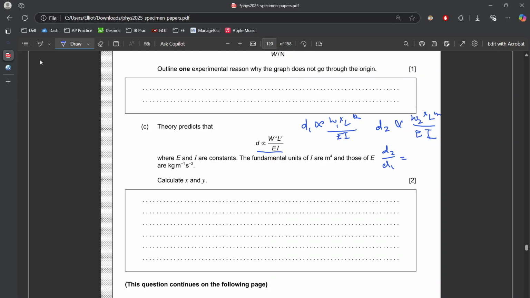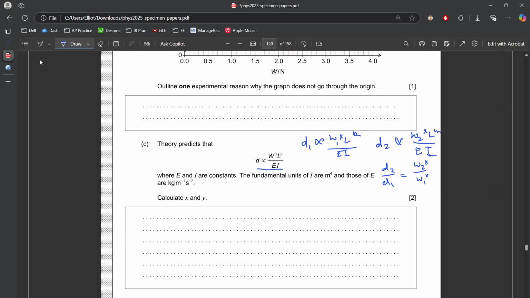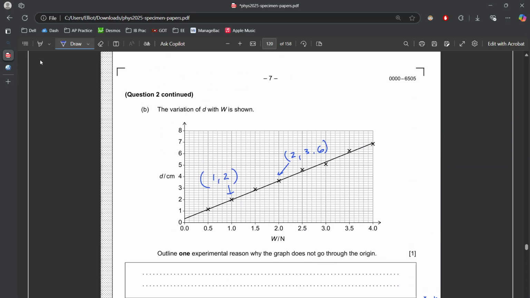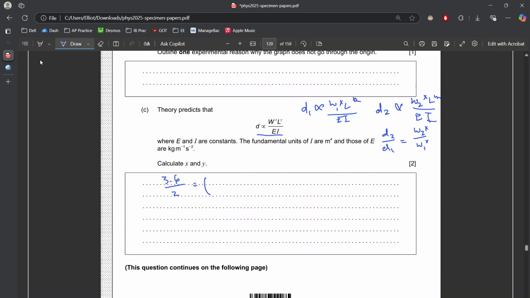So like terms cancel, so this L to the y over EI, those are all going to cancel, and you're just going to get weight 2 to the x over weight 1 to the x, right? So we can say 3.6 over 2 is equal to, and you can group this exponent to the x, 2 over 1.